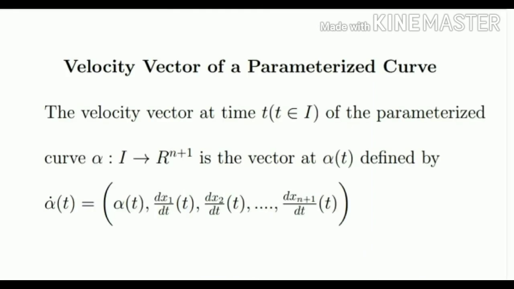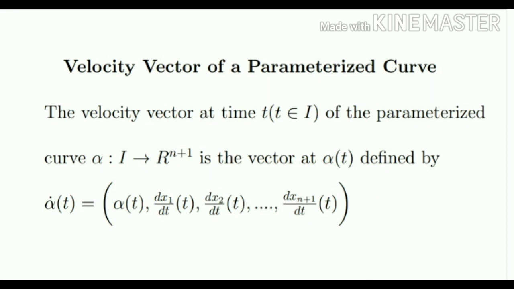Velocity vector of a parameterized curve. The velocity vector at time t of the parameterized curve alpha from I to R^(n+1) is the vector at alpha(t) defined by alpha dot(t) = (alpha(t), dx1/dt(t), dx2/dt(t), ..., dx_{n+1}/dt(t)).